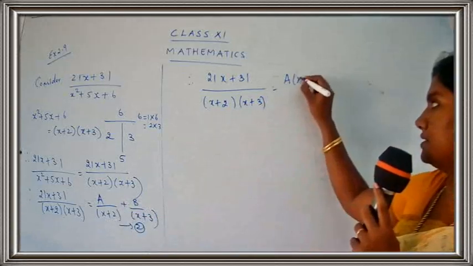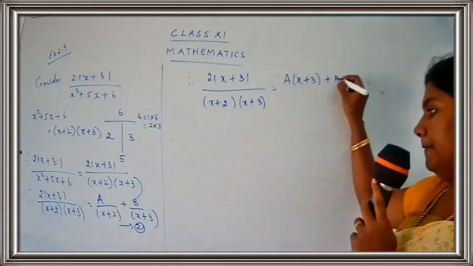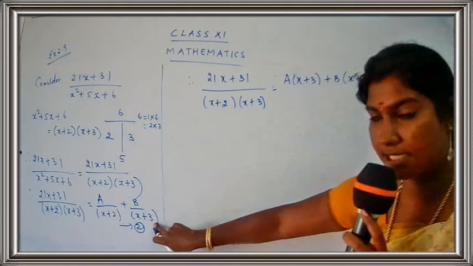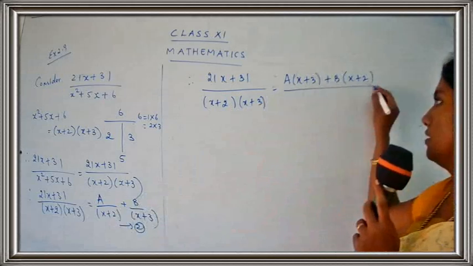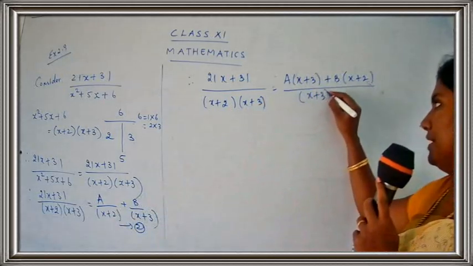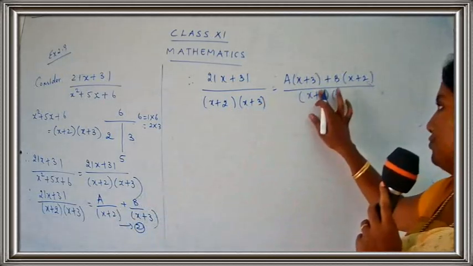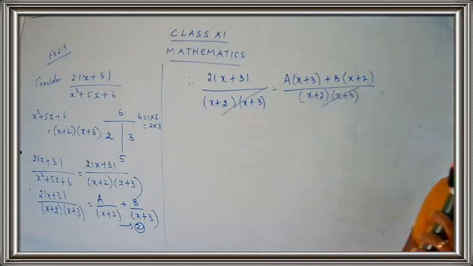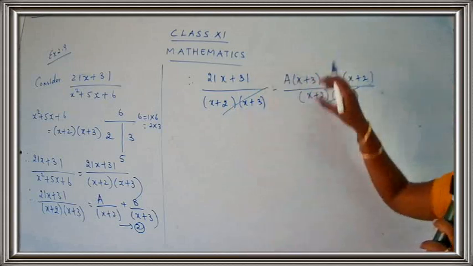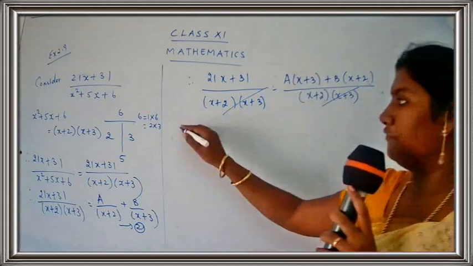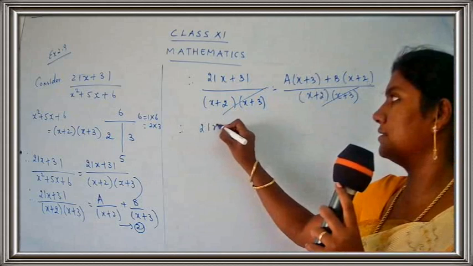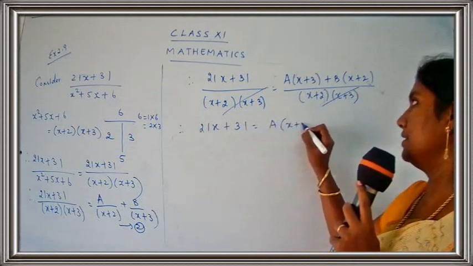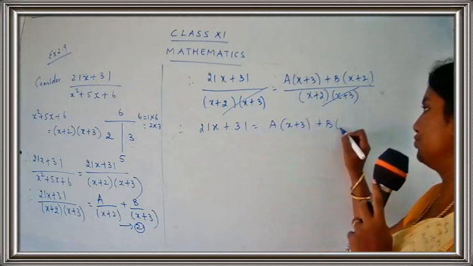So I'll multiply by (x + 3) plus B, where x + 3 is there, so we want (x + 2), upon (x + 2)(x + 3). The denominators are same, we can cancel the denominators. Now you can just deal with the numerators. Therefore, 21x + 31 is equal to A(x + 3) + B(x + 2).